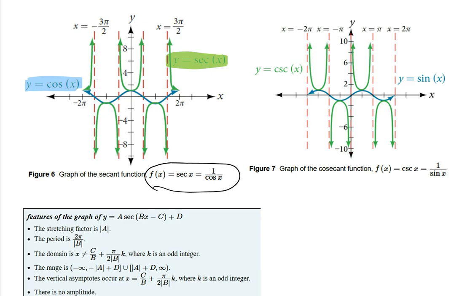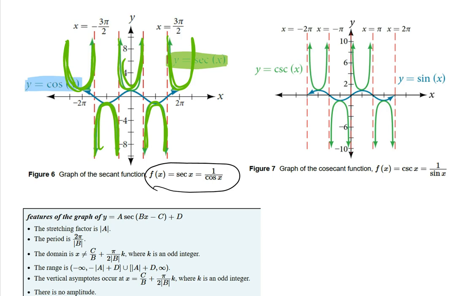So every point is the reciprocal. And it's really kind of funky, but the green graph has these curves here, and then a curve here, and then a curve here, and they fall in between asymptotes.